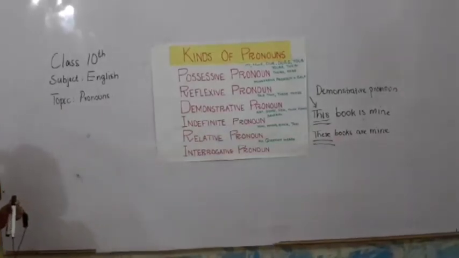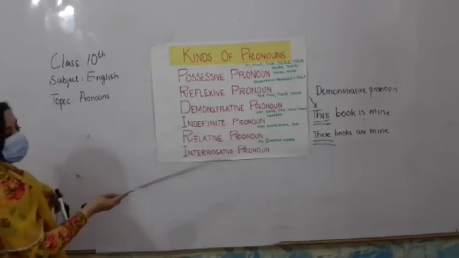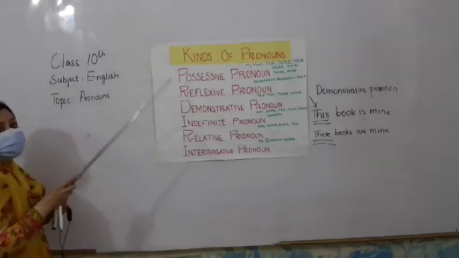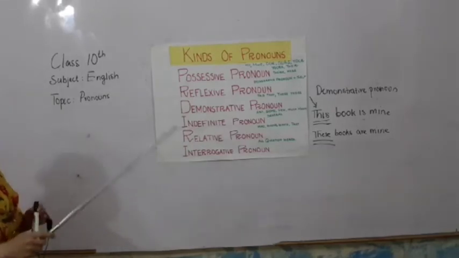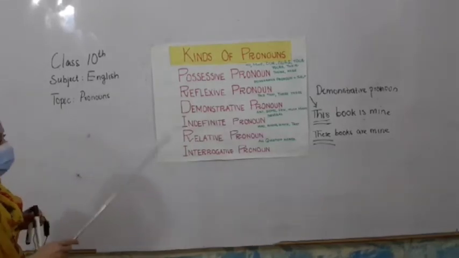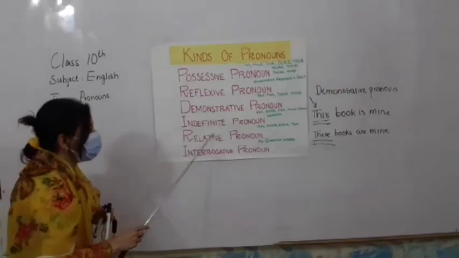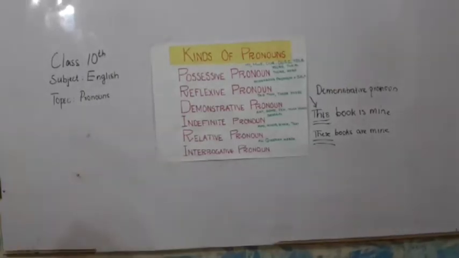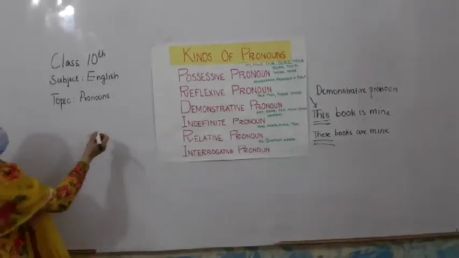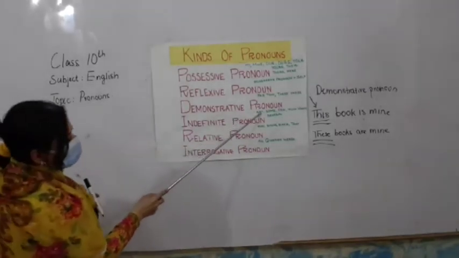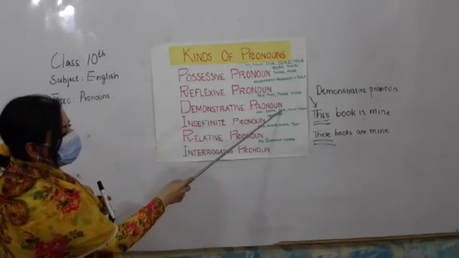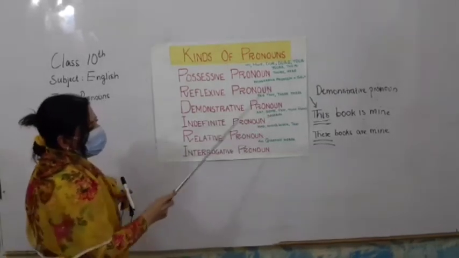Now, the next one, and the one we tend to use colloquially as well when we are speaking or writing English, is the indefinite pronoun. As the word shows, indefinite. For instance, the words I've written: any, some, few, much, many, and several.